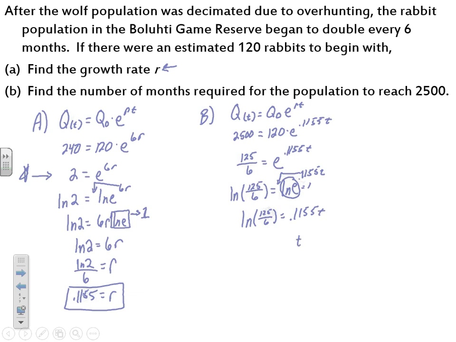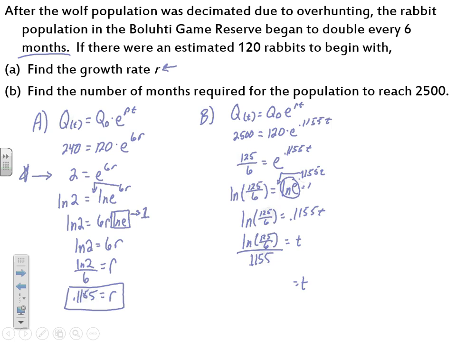So divide both sides by the 0.1155, natural log of 125 over 6 divided by 0.1155, and that will tell you how much time in months, because they're giving it to us every 6 months, so that's what our answer will be in as well.